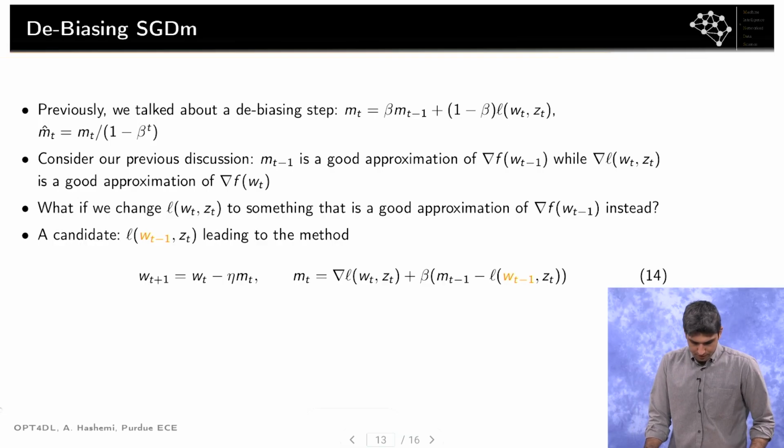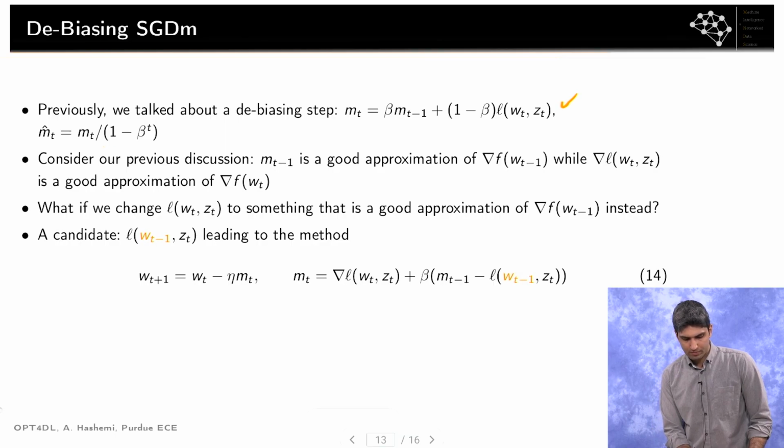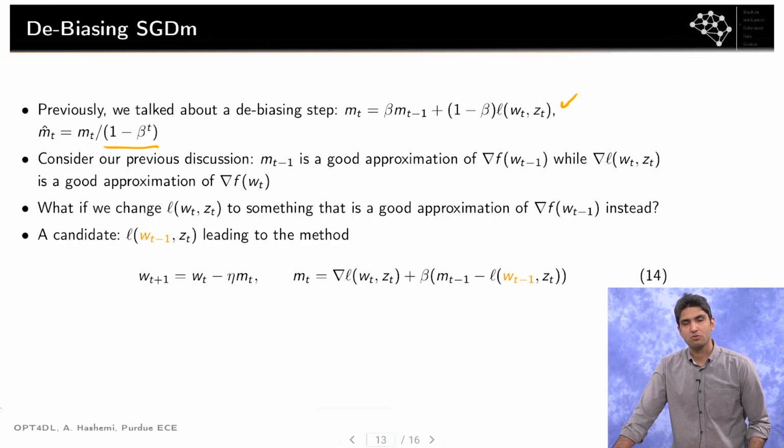In particular, we want to debias the SGD with momentum. We talked about debiasing before. In that context, which was a highly imprecise but nonetheless useful discussion, we saw that when we update the momentum, we may want to divide it by this factor to reduce the bias.